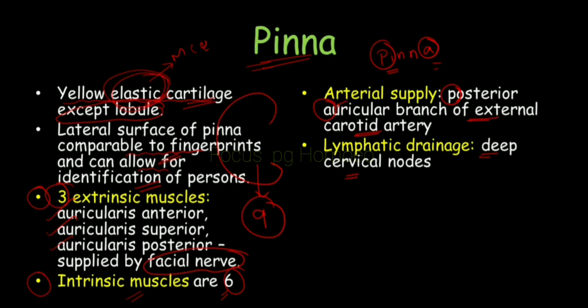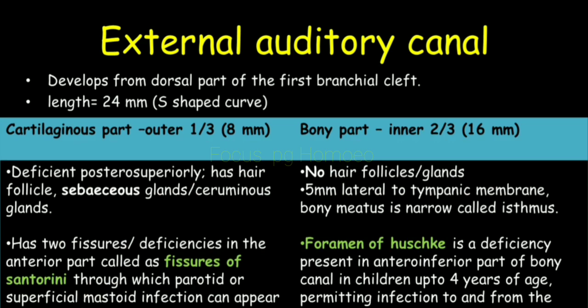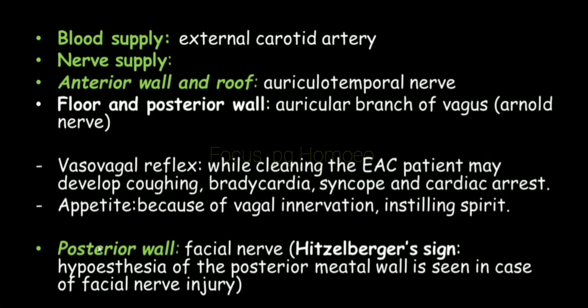Arterial supply you can remember with the help of P and A, that is posterior auricular branch of external carotid artery, and lymphatic drainage is deep cervical nodes. Now we are moving to the next part.